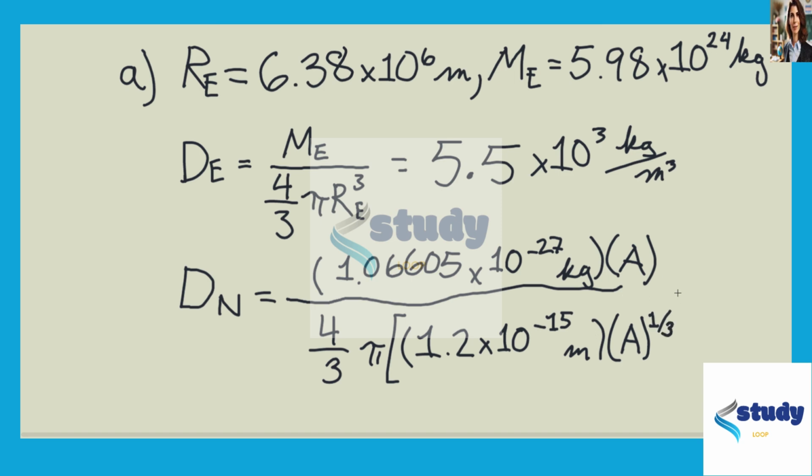But again, this whole quantity is a radius, and we're going to cube that. So the cube of a cube root is effectively A to the first. We have A to the first on top, so those cancel.